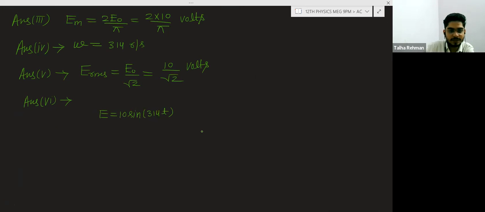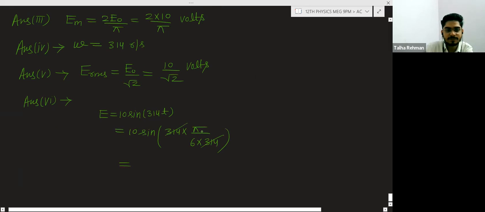This is 10 sine 314 into t, and t is pi divided by 6 into 314. The 314 cancels with 314, so we have sine pi by 6. The value of sine pi by 6 is 1 by 2, so you will get 5 volts.